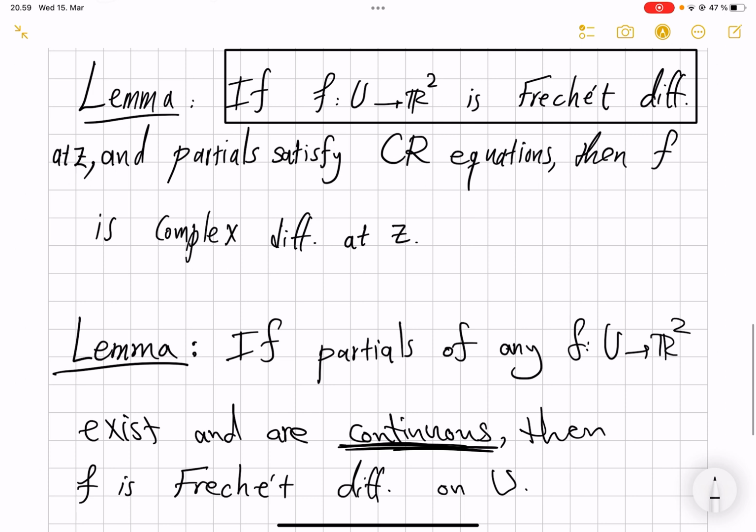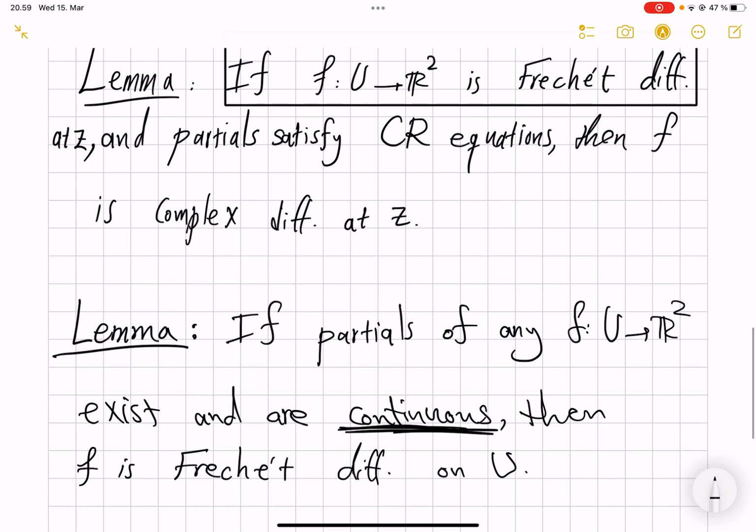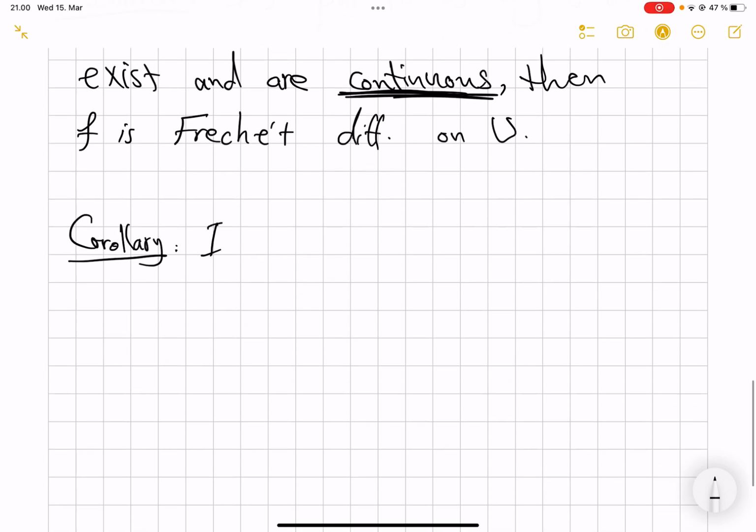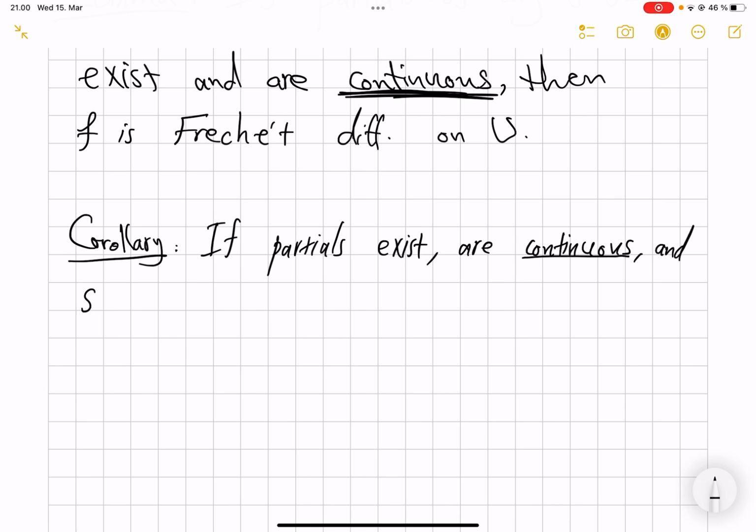So if we combine these two, you get this result. So the corollary of the two lemmas is that if partials exist, are continuous, one of the lemmas had this assumption, and the other lemma had this assumption, and satisfy Cauchy-Riemann equations, then f is holomorphic.